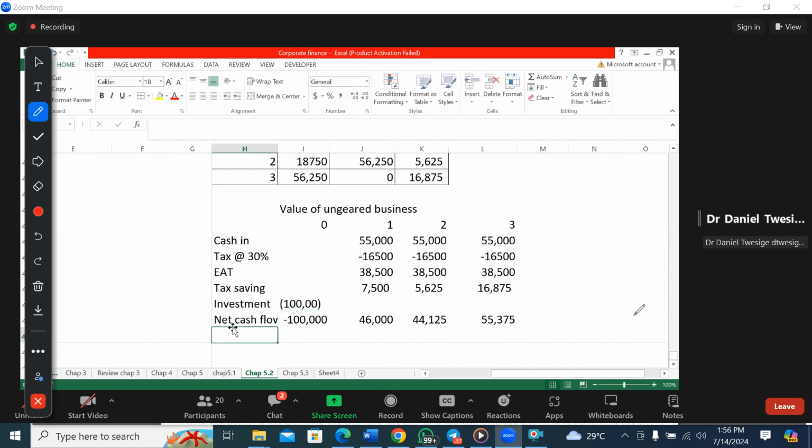Our discounting factor at 8.8, which is almost 9. So in this case, 1 plus 0.088, then power minus this.